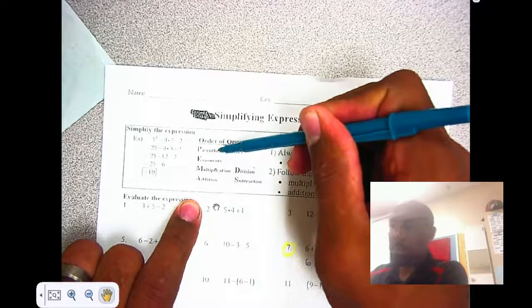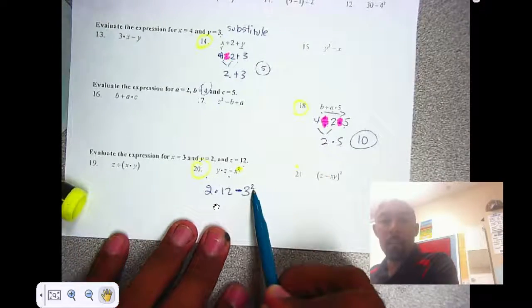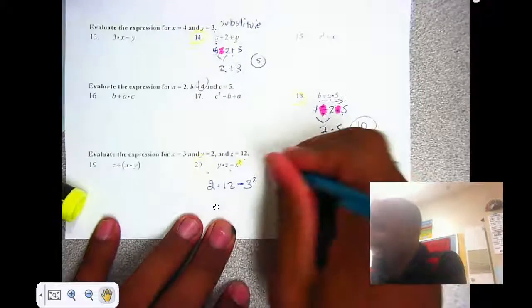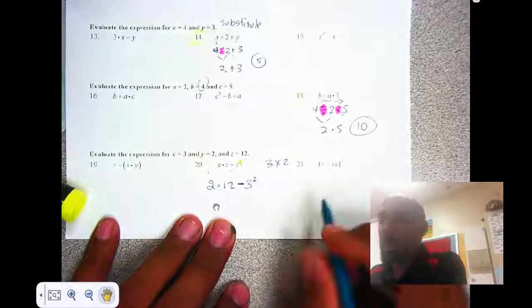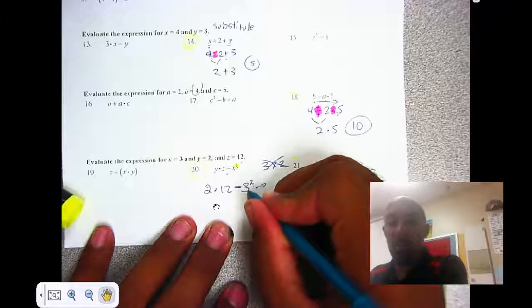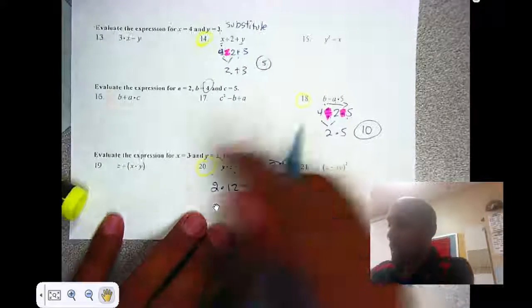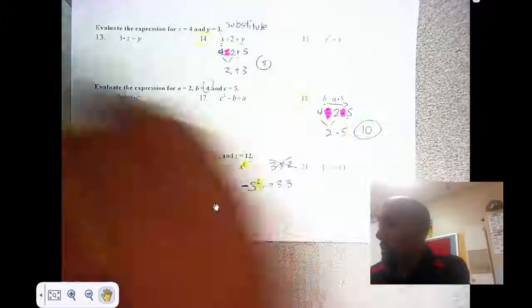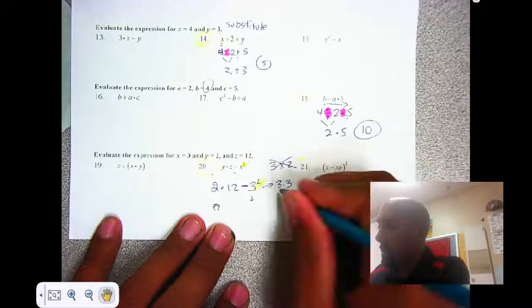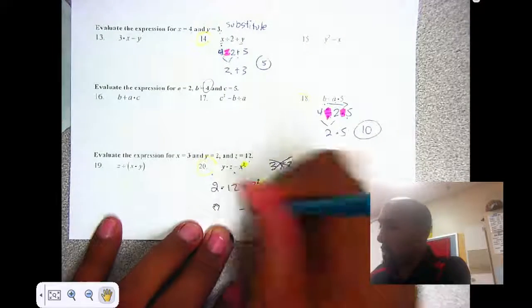No, we don't have parentheses. Exponents? Yes, we have exponents. Exponent right there. Okay, this does not mean 3 times 2. No. This means I multiply 3 two times. 3 times 3. Okay, so again, that's what we're doing first. So that means 3 times 3 is 9. Then I bring down the other numbers.